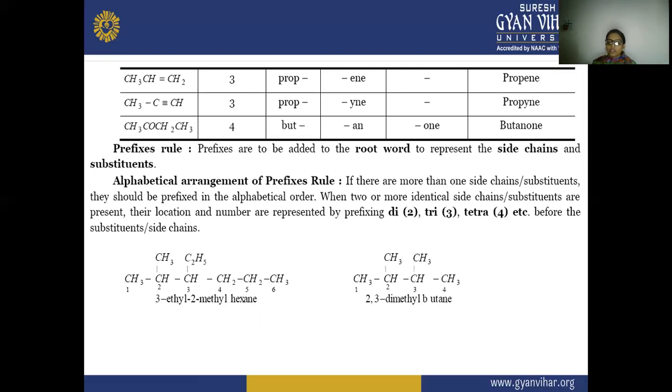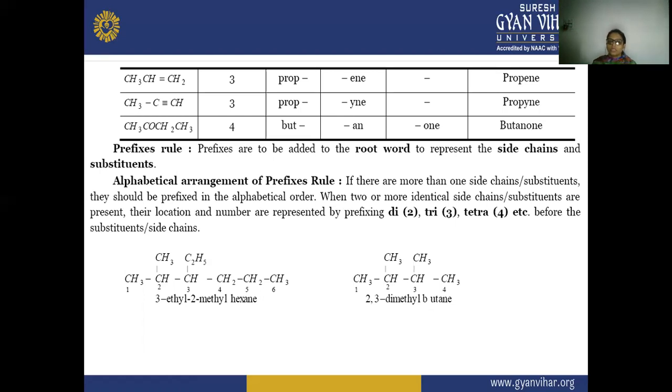Here there is unsaturation: the double bond is present between the first and the second carbon atom. So we will use the primary suffix ene, because one unsaturated double bond is present. So its name is propene.